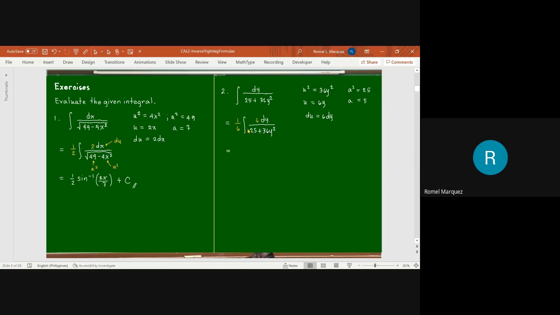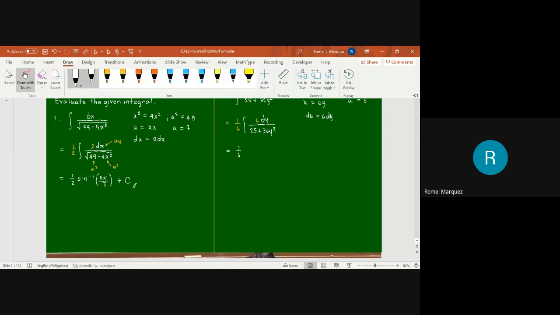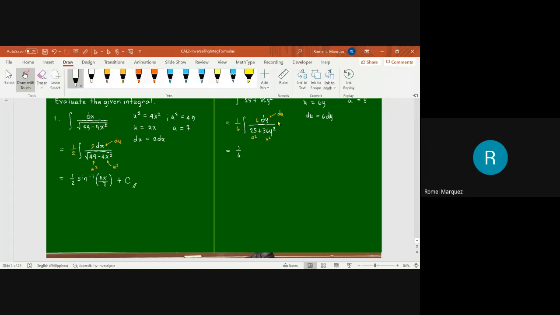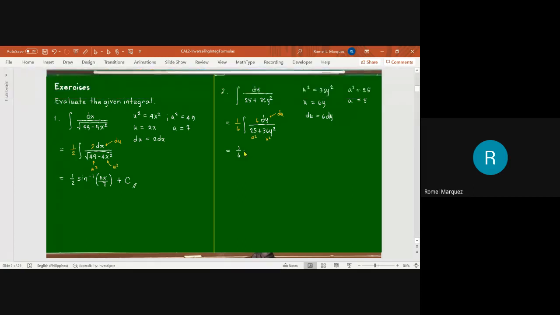So how do we read this? 1 over 6 times the integral of du. This is du, this is a squared, and this is u squared. Since this is a squared plus u squared, the integral is 1 over a.